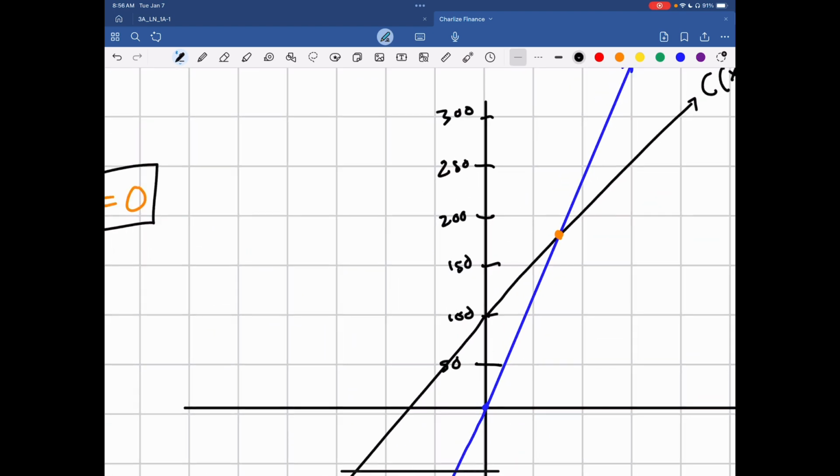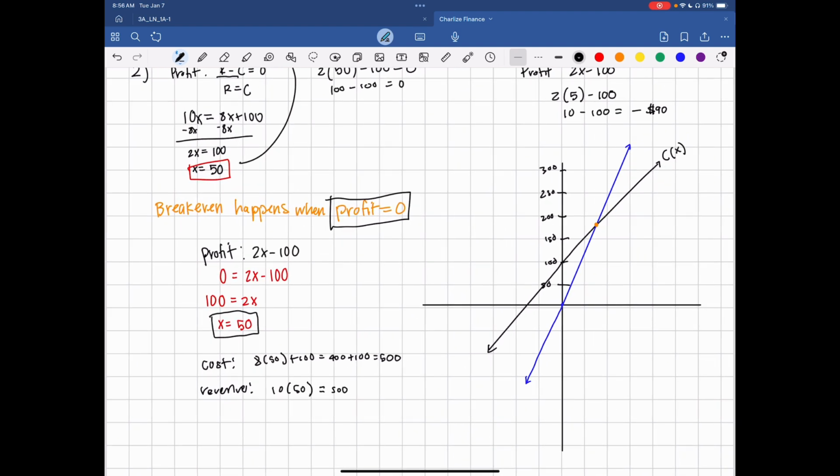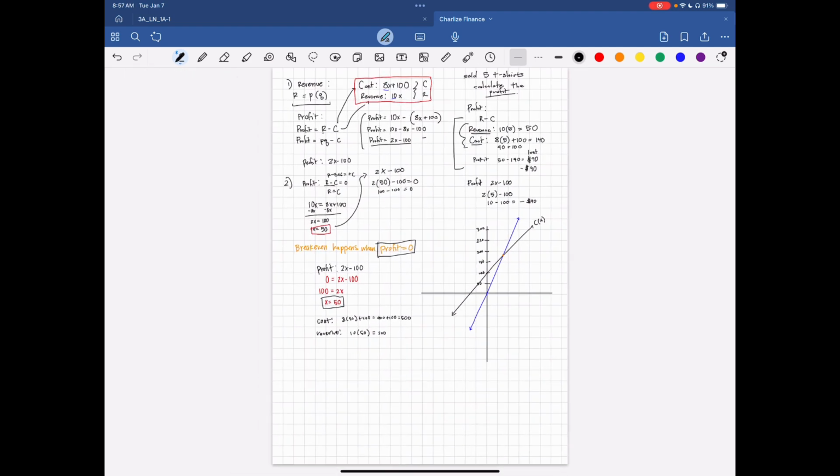This is obviously not that important, but it's just for a better understanding of a problem and how it relates back to what you learned in pre-calculus.